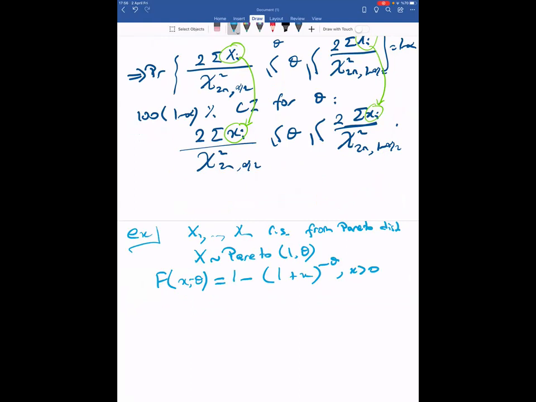As you can see, the CDF is in the form 1 minus something, okay? So instead of working with this, we may prefer to use this to make the calculations easier.